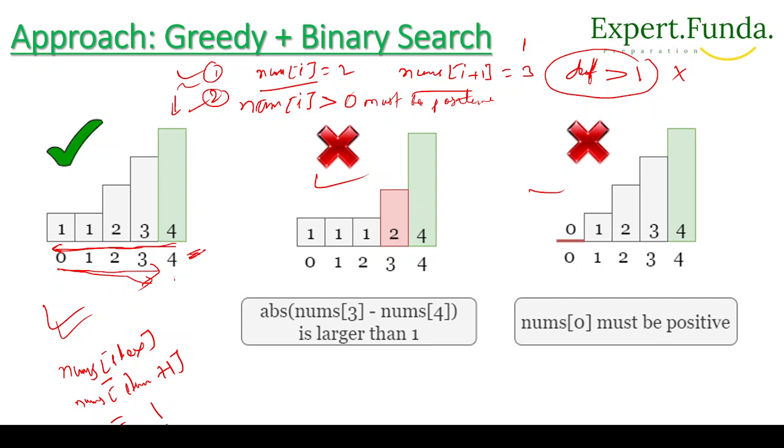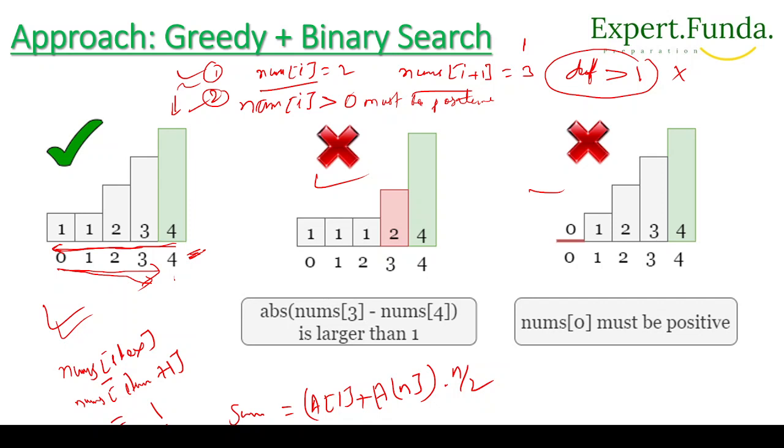Once we have determined the length of the arithmetic sequence, we can calculate the sum of the sequence using the arithmetic formula, and this sum will be a1 plus an, multiplied by n by 2.